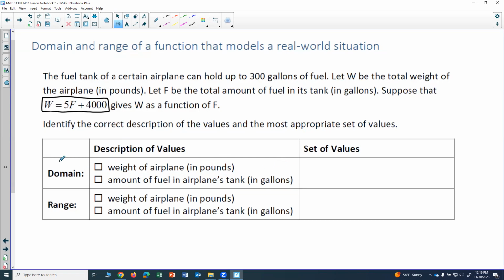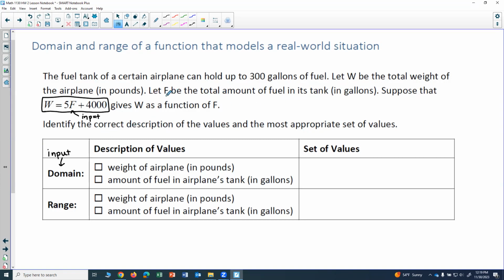When we talk about the domain, we're talking about the input. And so what you want to do is think about what's the input in this equation and what's the output. So we can see that F is the variable being plugged into the equation. F is going to be the input in that equation. And so F represents the domain.